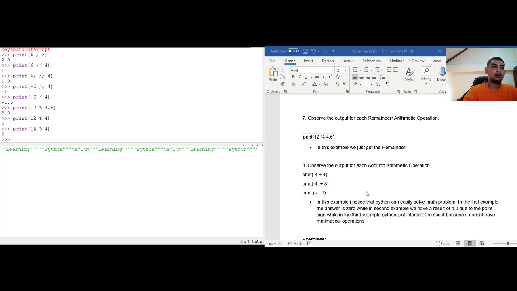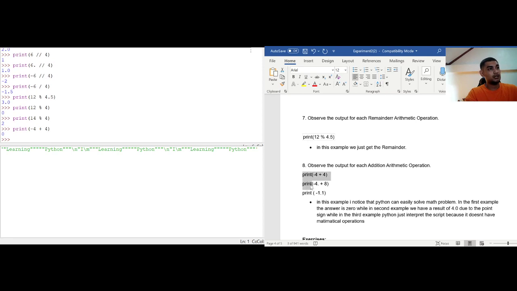So for number 8, observe the output for each addition arithmetic operation. So for the first string, negative 4 plus 4 will be 0.